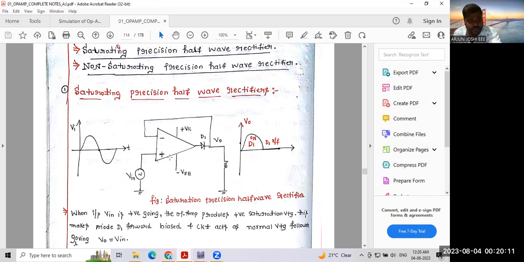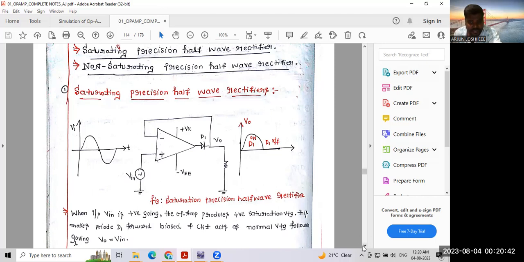When we give positive input, it gives positive output only. With positive output, this diode is going to act as a closed switch. Why? Because the anode is connected to the output, which is positive. So the diode is going to act as a closed switch in the positive half cycle. That's why I'm going to consider D1 as on.